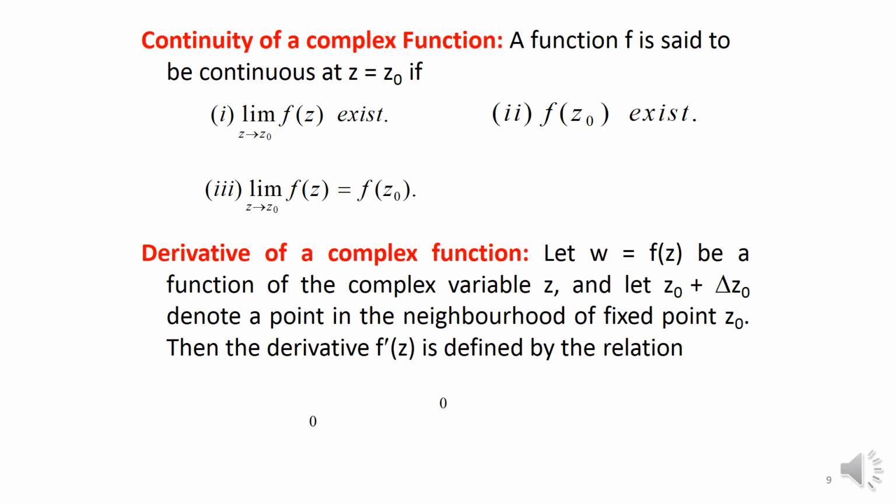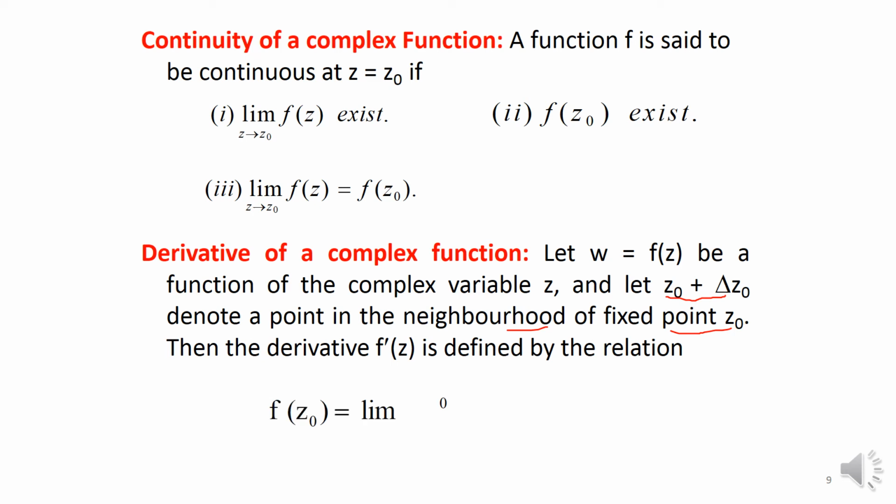Now let's talk about the derivative of a complex function. Let w = f(z) be a function of complex variable z, and let z0 + delta z0 denote a neighborhood of a fixed point z0.